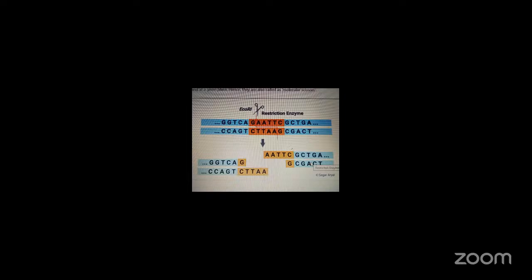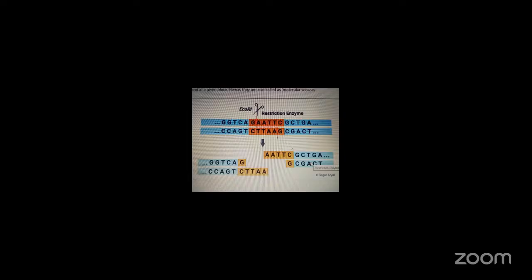So, nomenclature of the restriction enzymes. How are we to give names to the different functioning restriction enzymes? In the 1970s many restriction enzymes were identified, while the type 2 restriction enzymes were characterized in 1970.